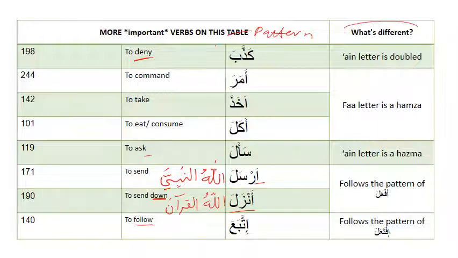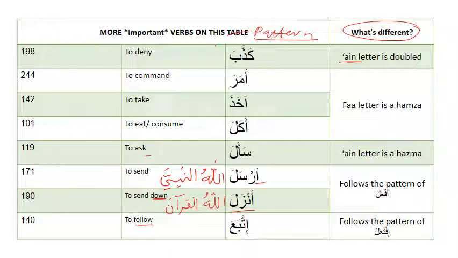Now, why am I putting this in a different table? These follow the same pattern, however there are a few differences. In kadhaba, the ayn letter, which is the middle letter, is doubled. However, it still follows the pattern we mentioned above: kadhaba, kadhabu, kadhabat, kadhabta, kadhabna.